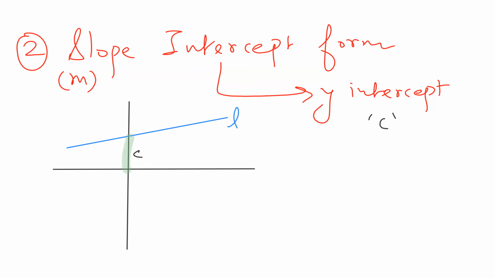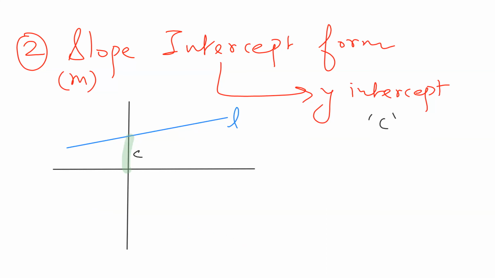Now c can be positive or negative because obviously the line can be up or down in this way. So in the second case for L1, c will be negative. But for L, c is positive, right? So the distance of the line from the origin is nothing but y-intercept.